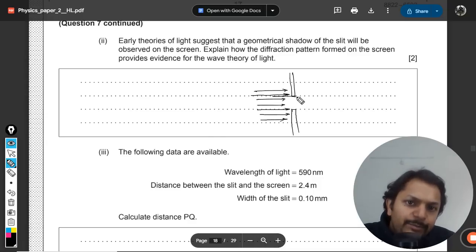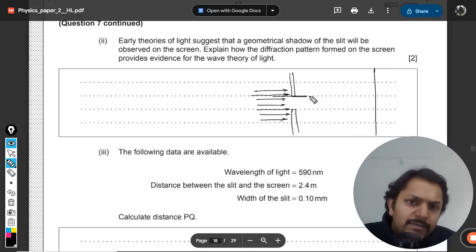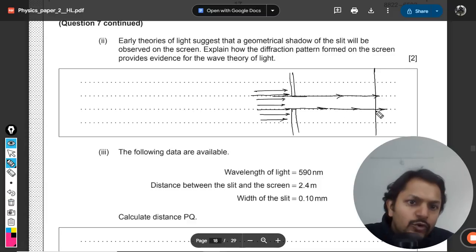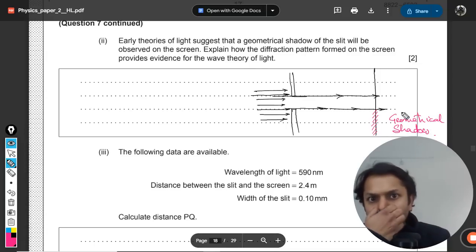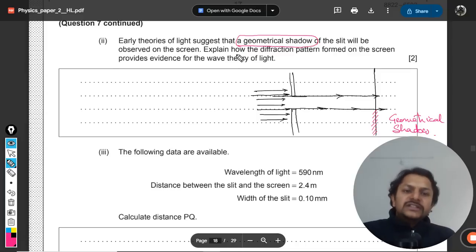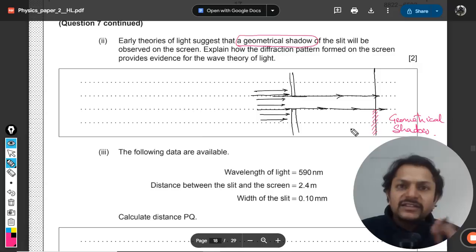So when it passes over this, if this is the screen, we imagine that the light is traveling in a straight line, so the light should move like this, and this area will be known as the geometrical shadow area. So it should be a shadow there if the light is traveling in a straight line.